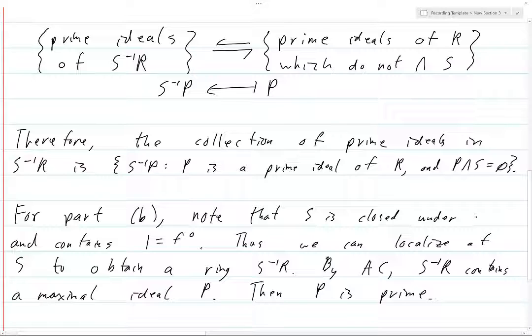You take a maximal ideal and you suppose a product is in there, and you assume that one of the components of the product is not in there, and then you use that to construct an ideal which strictly contains your maximal ideal and thus is the whole ring.